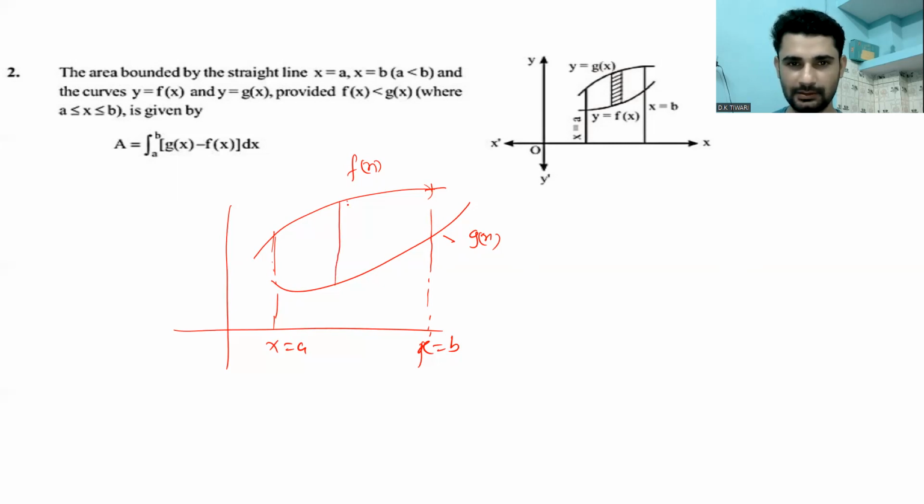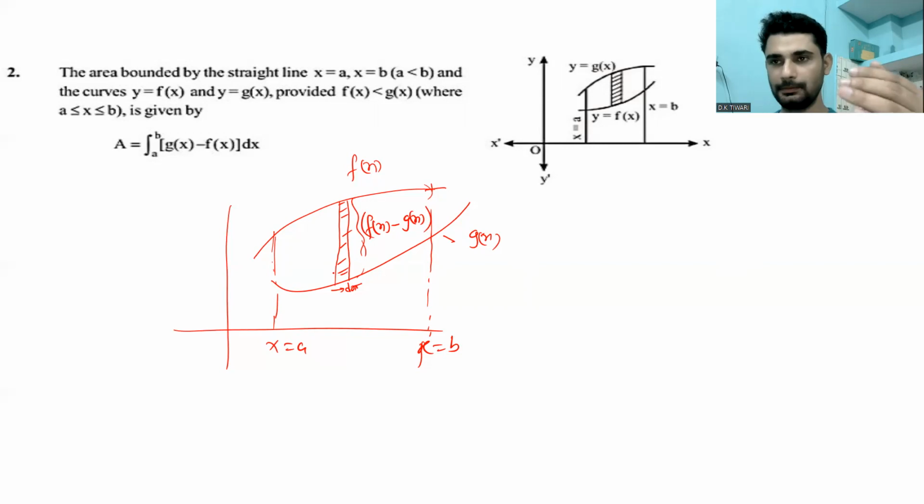Make a strip that is very thin, and say this is dx. Now what is the length of this part? It is nothing but f(x) minus g(x), the difference between the upper function and the lower function. So the area will be f(x) minus g(x), which is the length, and the breadth is dx.